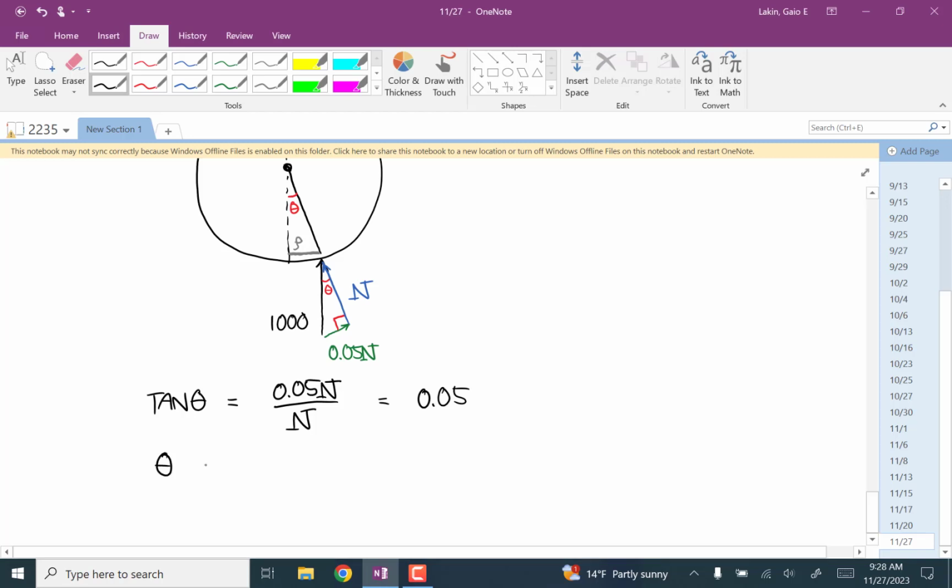And so that angle theta is the inverse tangent of 0.05. You can keep this in degrees, that's fine. And so, whatever your calculator's in is fine.